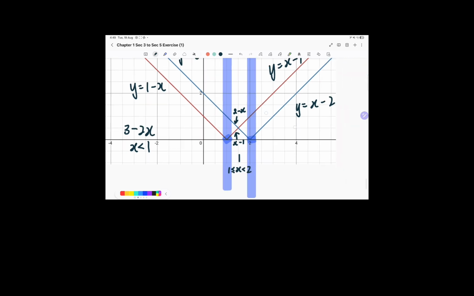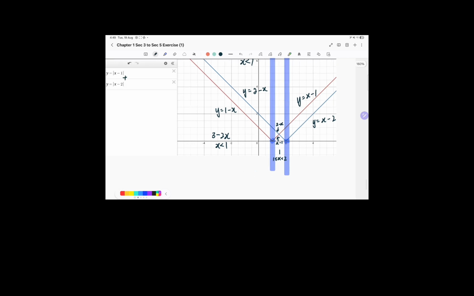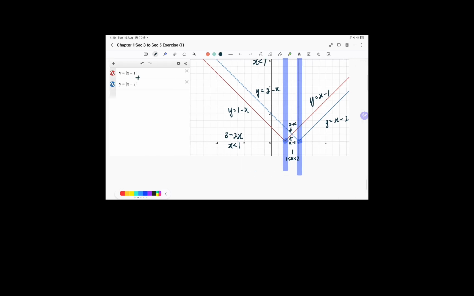Then you go to the next interval, the third interval here. Add them together, 2x minus 3. And this happens when x is greater than or equal to 2. Then you have all the expressions and the conditions already.